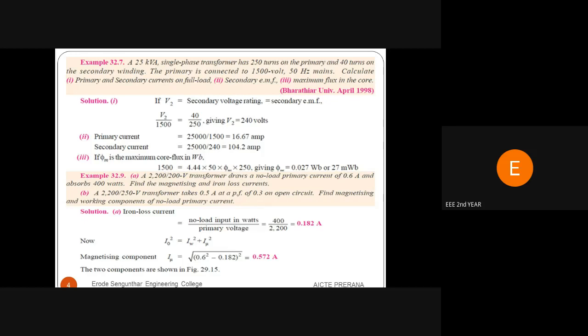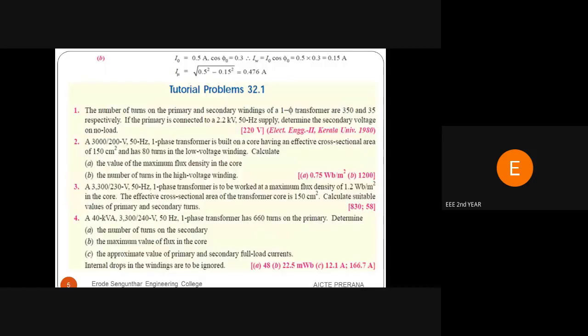In the second problem, a 2200 volt per 250 volt transformer takes 0.5 ampere, so I naught equals 0.5 ampere, and the power factor cos phi naught equals 0.3. Then we have to determine I mu and IW.